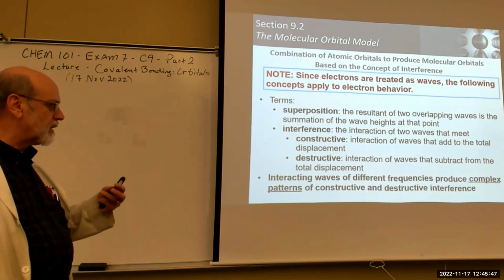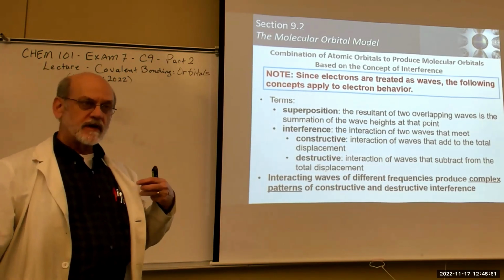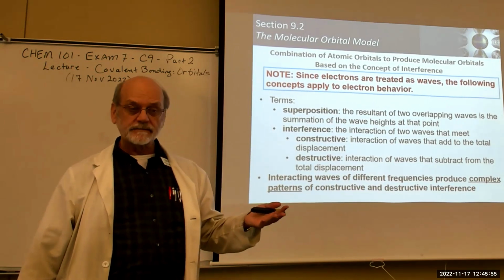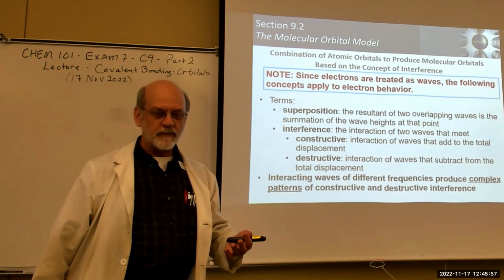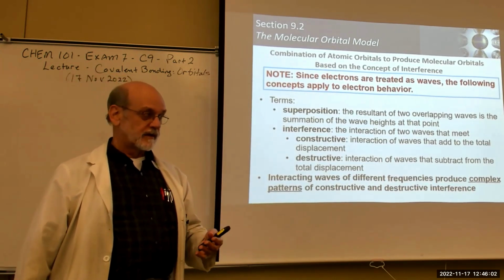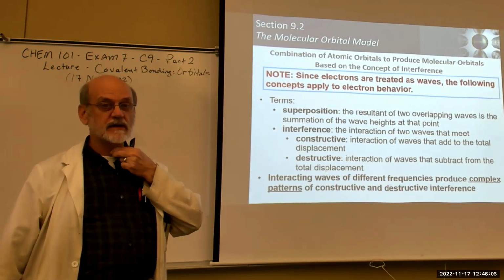You can form very complex patterns when waves interact. If you have a wave of a different wavelength trying to overlap with a wave of a different wavelength, then you can get some very complex patterns. In fact, we use that in communications now.